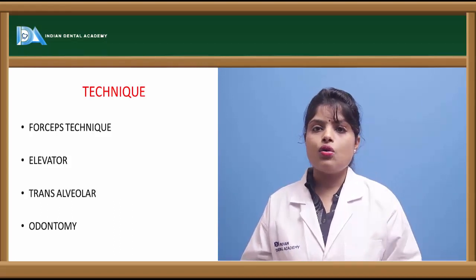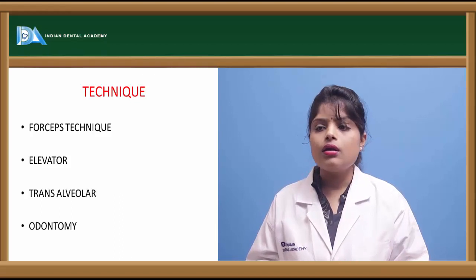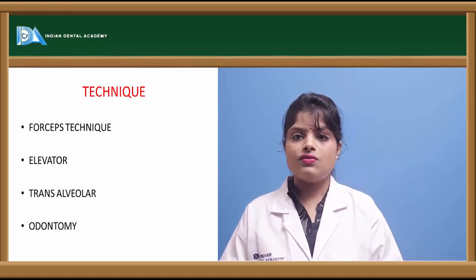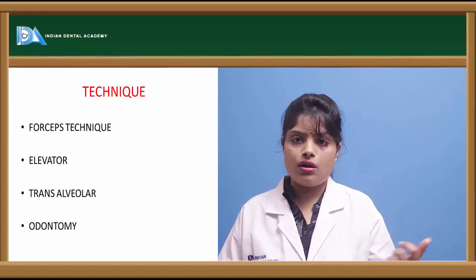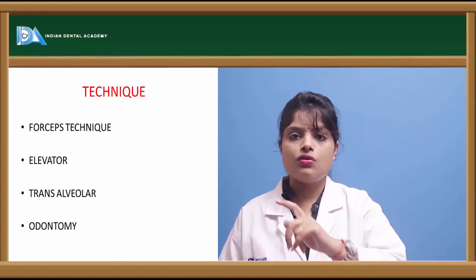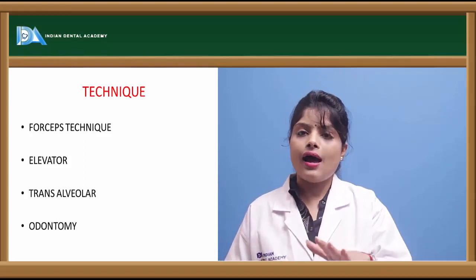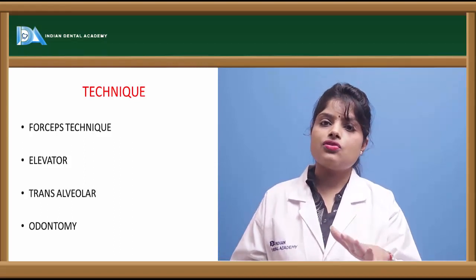Then comes the open extraction or the transalveolar extraction. Whenever the teeth are impacted, we cannot just pull them out because they are present below the mucosa. So we need to cut the mucosa and the bone to uncover the teeth and perform the transalveolar extraction.